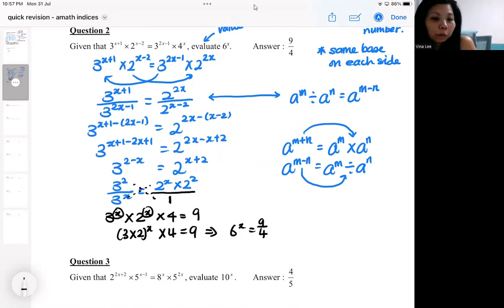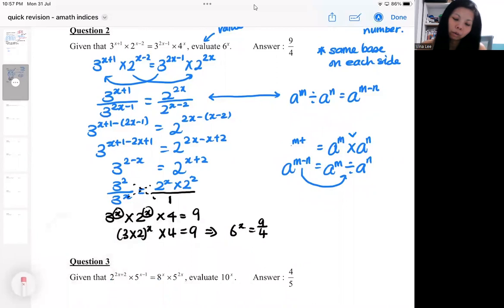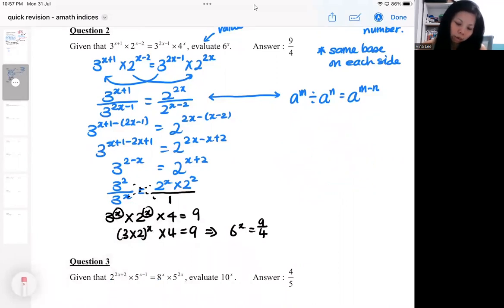So you will be able to find the value without finding x, but sometimes the question will extend. They will extend it to ask you to find the value of x. So you can apply LG on both sides. There are two methods after this, so I show you the two methods.